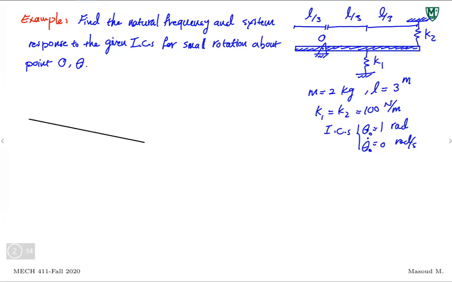This is O. This would be my free body diagram, and the equivalent of it, I'll draw another one for the kinetic diagram. This is O. These two should be equivalent. I'll just use an equal sign.